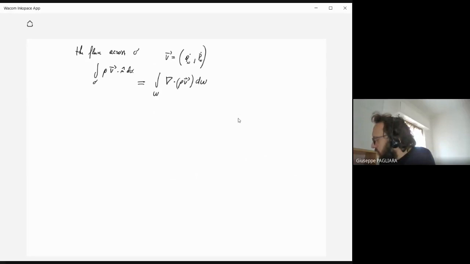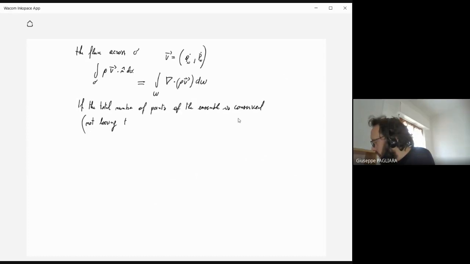Now, if the total number of points belonging to the ensemble is conserved, which means basically that I'm not losing trajectory in my volume.